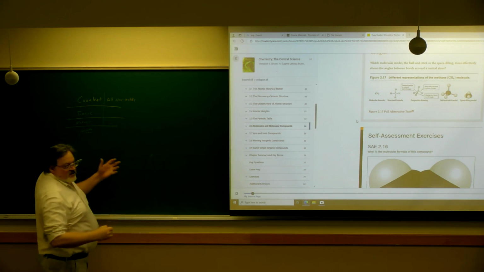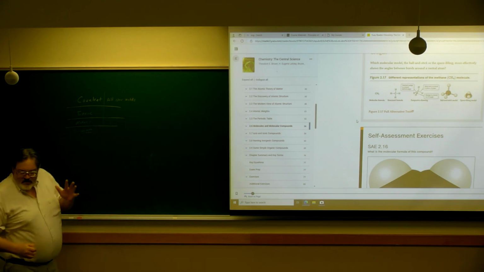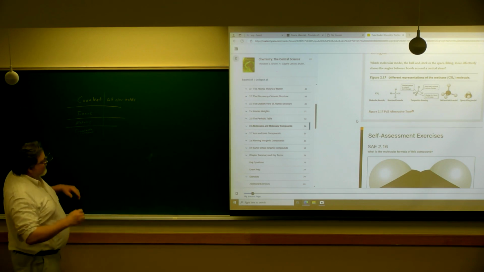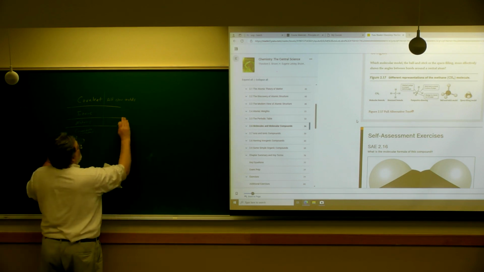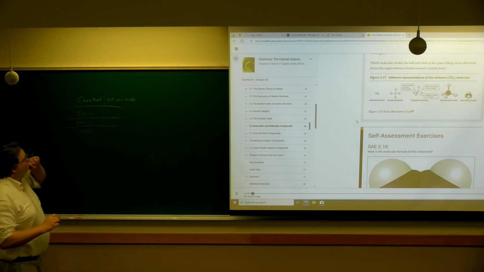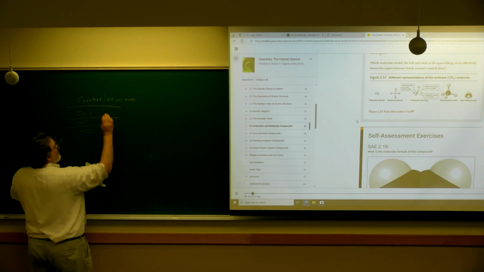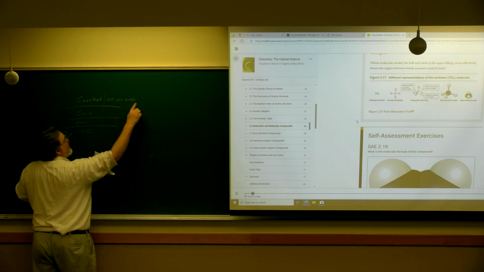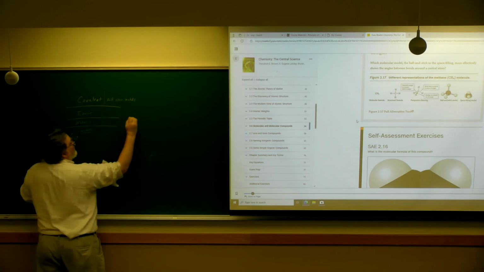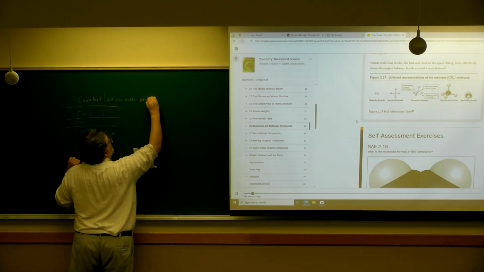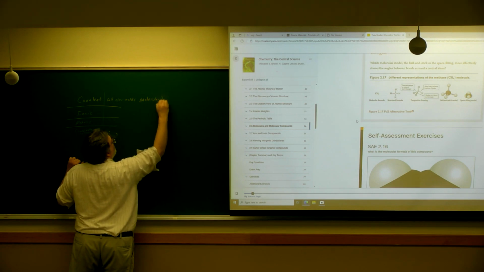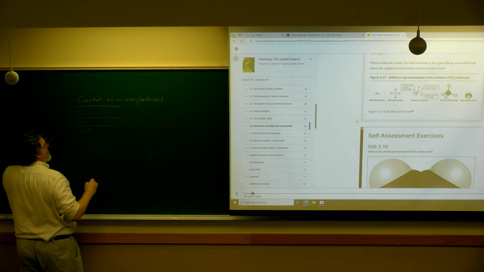So there's atoms and there's nonmetals, and in between that we call metalloids. Okay, so there's all nonmetals for covalent. These are molecules. These are what we refer to as molecules.